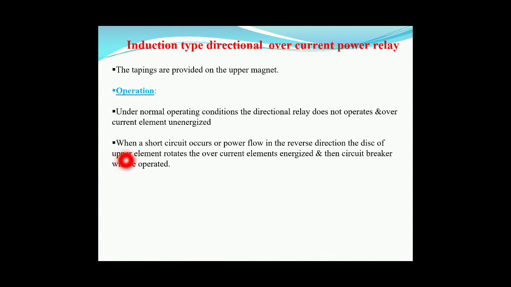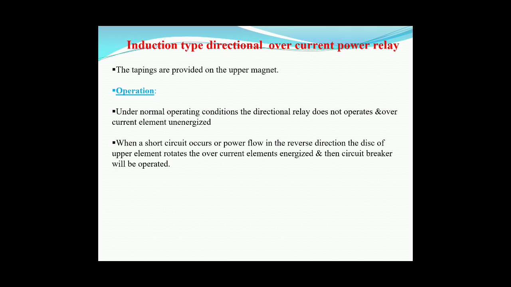Therefore, when a short circuit occurs, or power flows in the reverse direction, the disk of the upper element rotates and the overcurrent elements are energized. Then the circuit breaker will be operated.